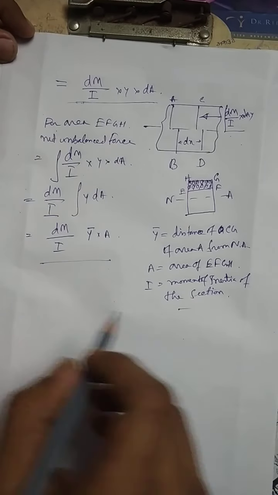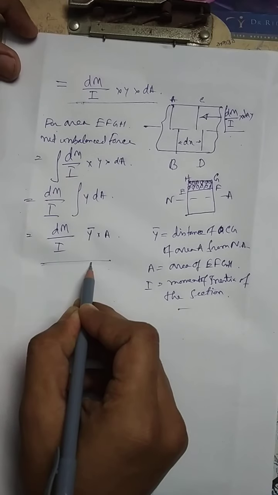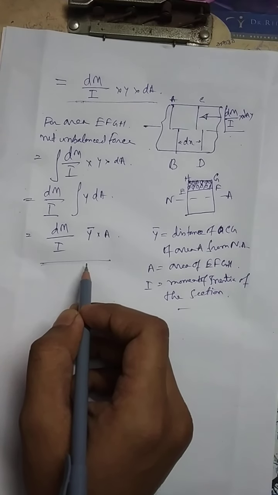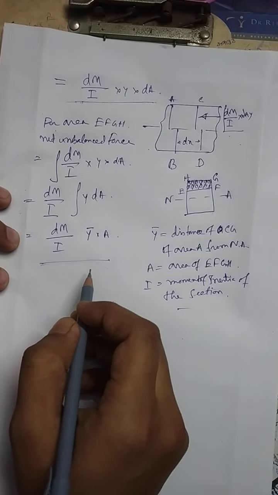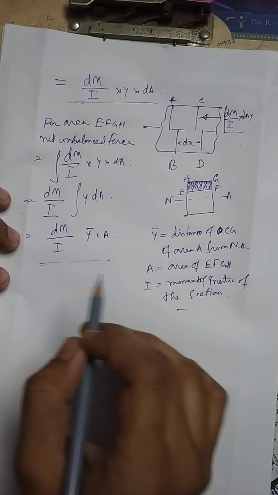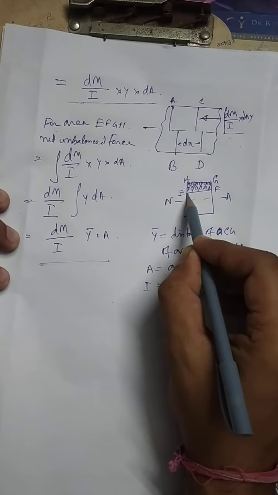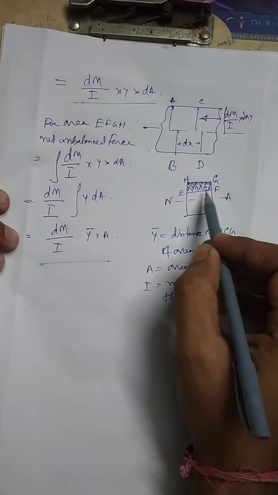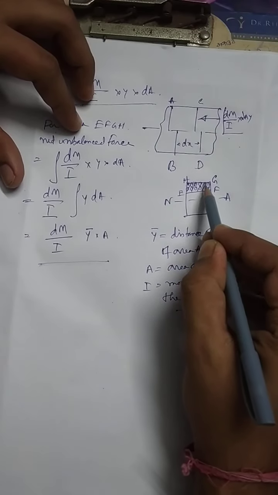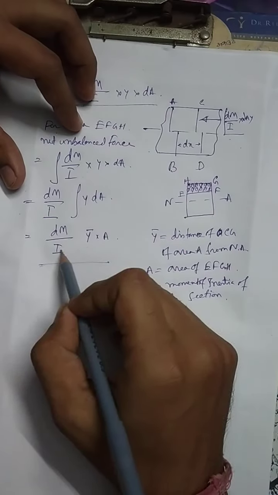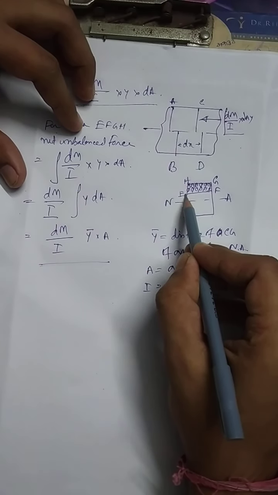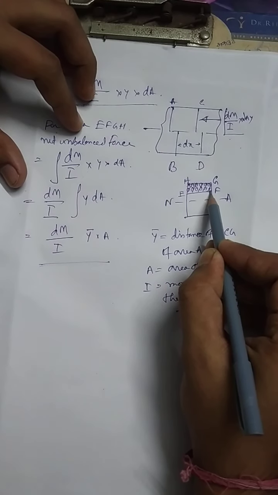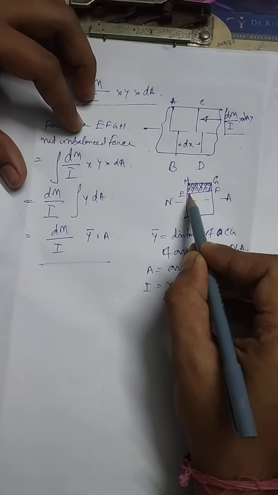So this unbalanced force is getting supported by the shear resistance provided at the plane which is at EF. So here on EFGH the total unbalanced force is this. So this is getting resistance from the shear resistance at EF.